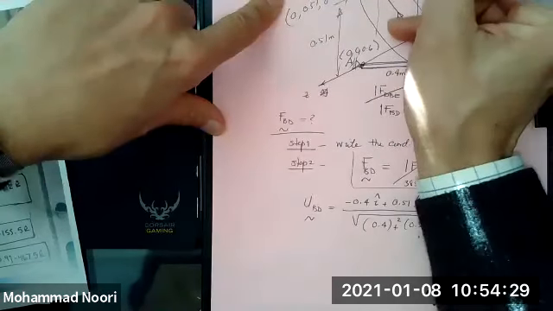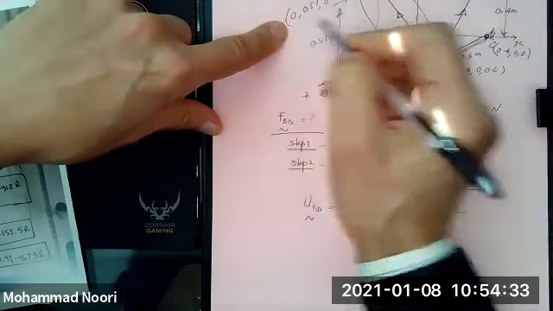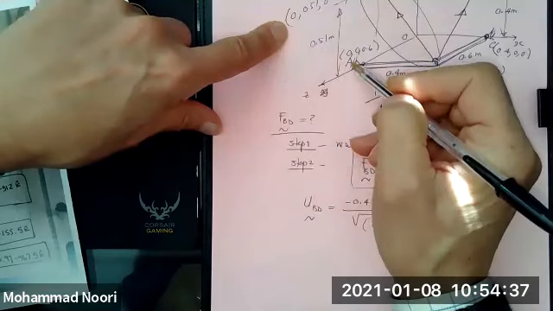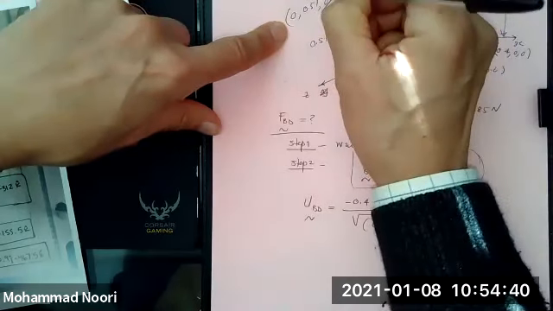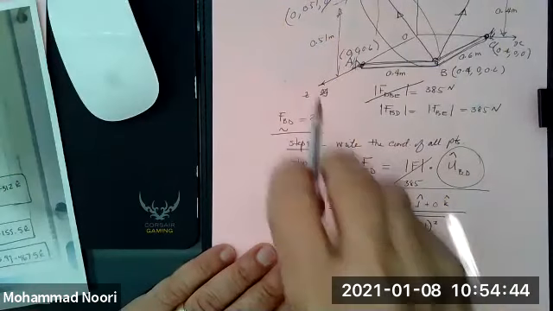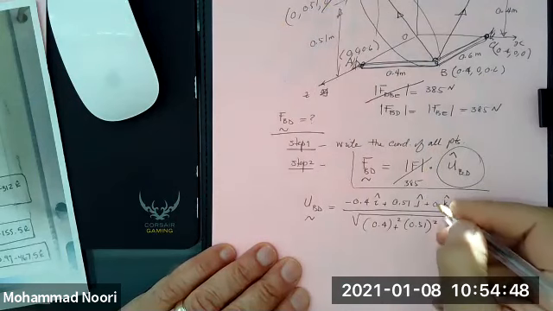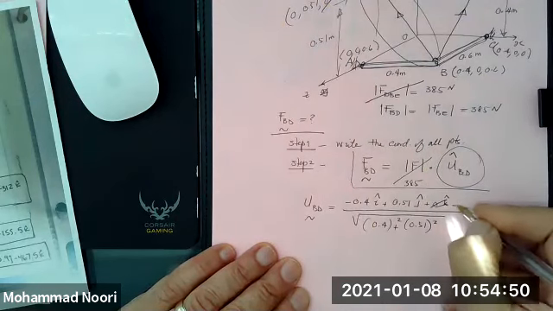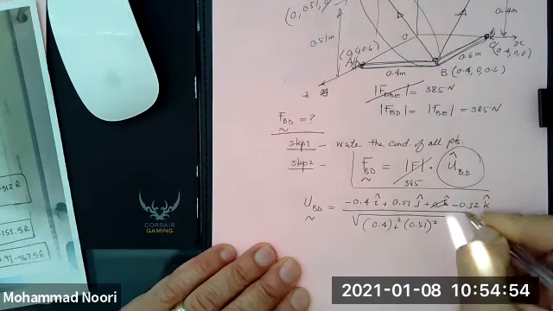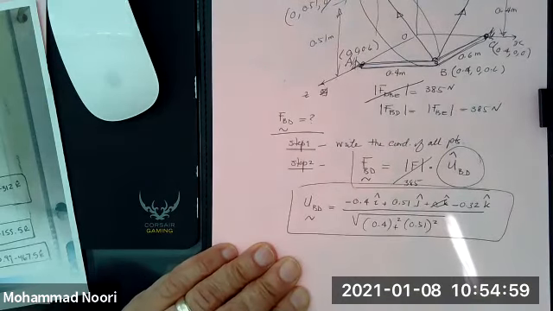See, I made a mistake here. Point D has x as 0, y as 0.51, but its z is 0.28, so this is not 0. It would be 0.28 minus 0.6, which would be negative 0.32 K.